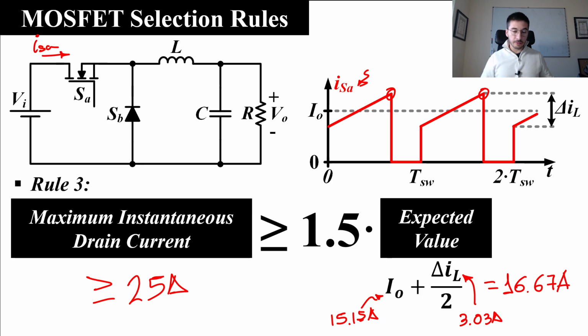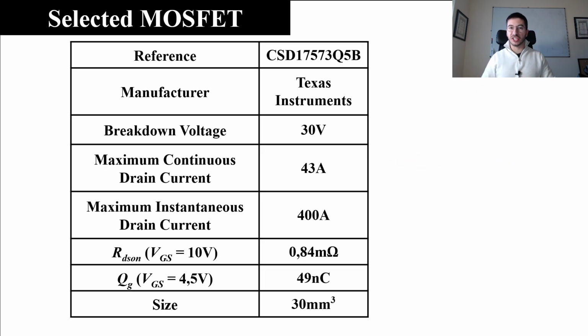Well, with this information we can check the different websites with components, with MOSFETs, and you will have a lot of options. I'm going to choose this one. This is the reference of my MOSFET, and the manufacturer is Texas Instruments, which is a very popular company.